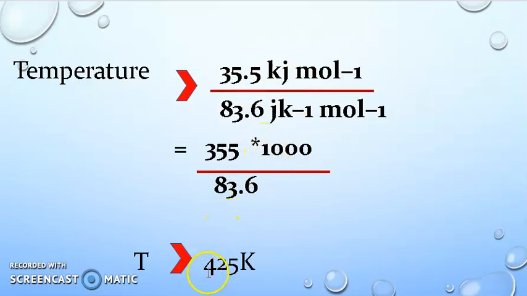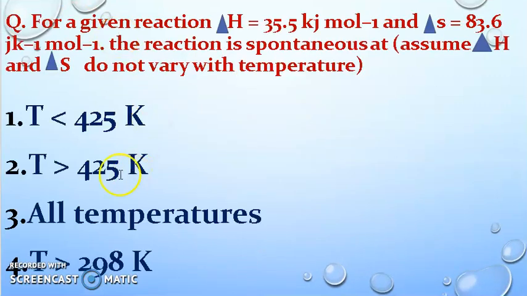So you will get a value of 425 Kelvin. So temperature is greater than 425 Kelvin. See this option here, temperature is greater than 425 Kelvin. We got the answer. So the second option is the correct answer for this particular question.